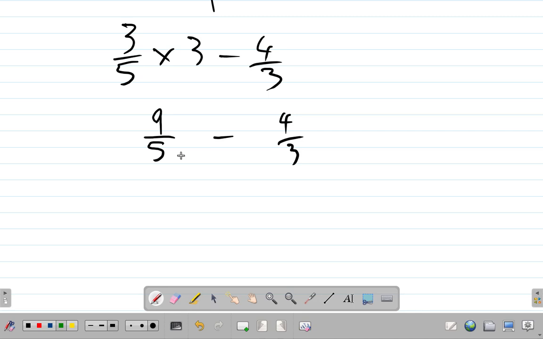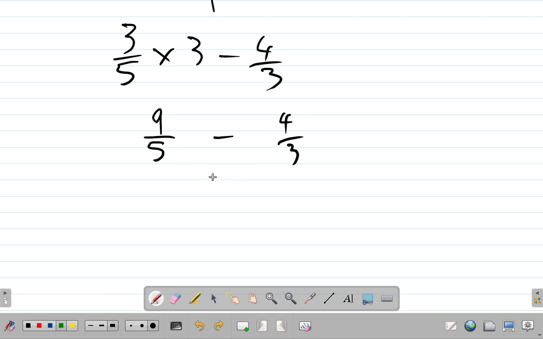Now, if you had 9 apples and you took away 4 apples, then you would have 5 apples left. But when you have 9 of one thing and 4 of something else, you can't just say you have 5 left over. 5 what? You don't know. So this is 9/5 minus 4/3.